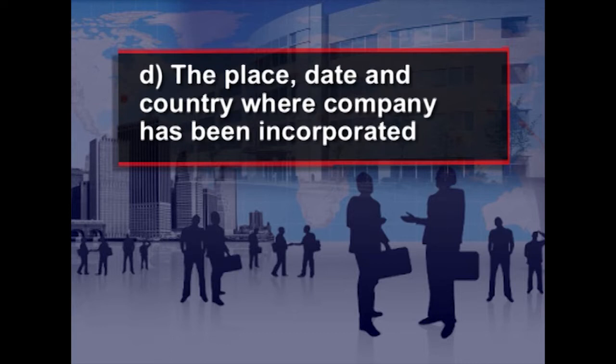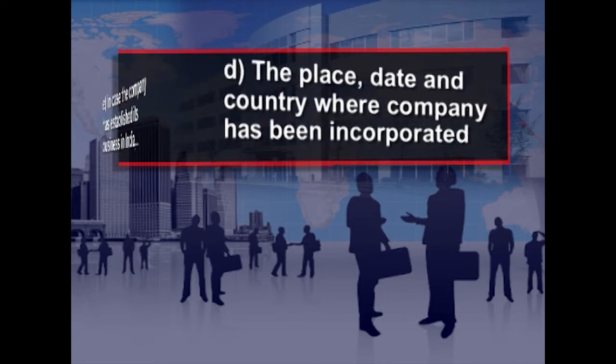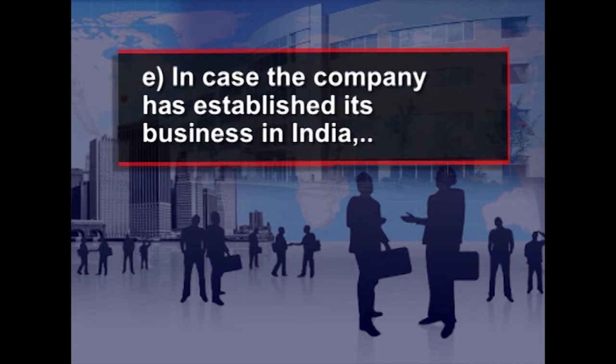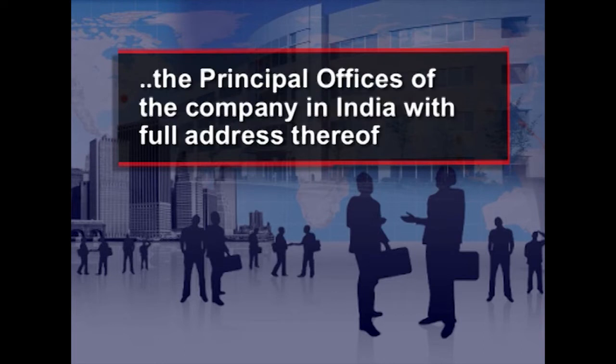D. The place, date and country where the company has been incorporated. E. In case the company has established its business in India, the principal offices of the company in India with full address thereof.